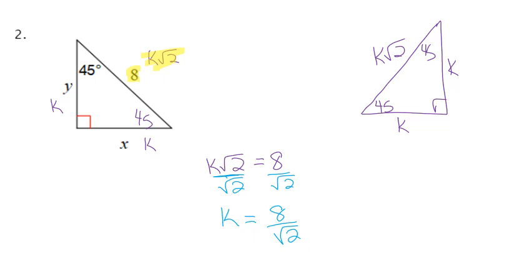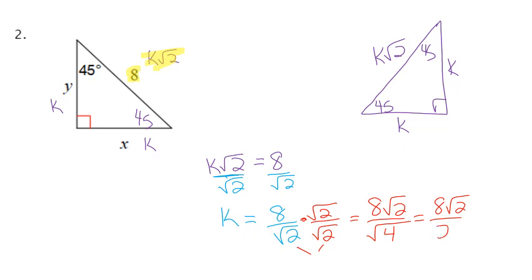So we're going to actually have to rationalize this out. So remember, anytime you have a radical on the bottom, we have to get rid of it. So I'm going to multiply the top and bottom by radical 2. On the top, I have 8 radical 2. On the bottom, radical 2 times radical 2, 2 times 2 is 4. So 8 radical 2 over square root of 4, which is 2.